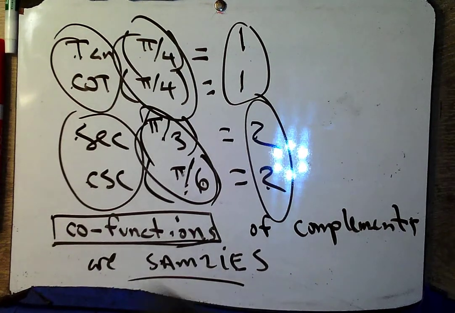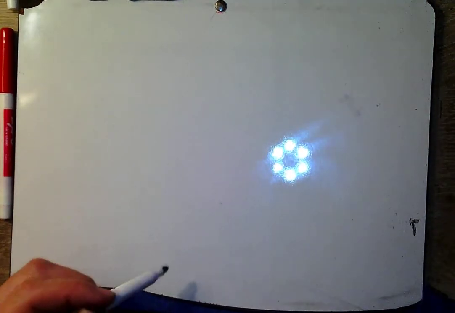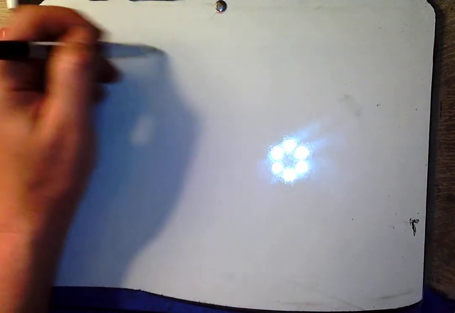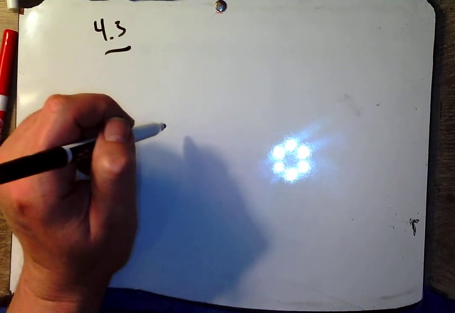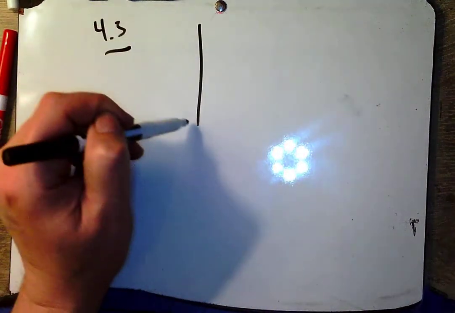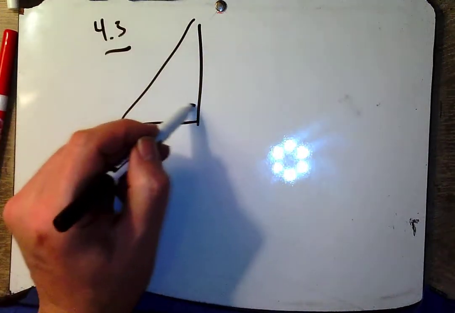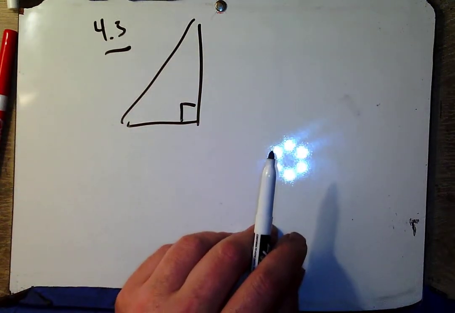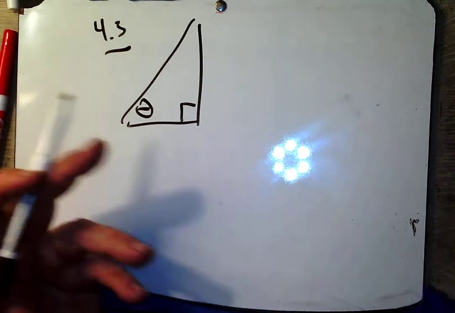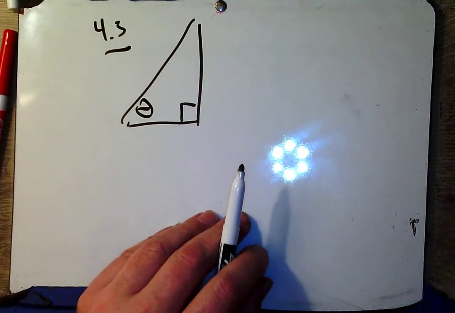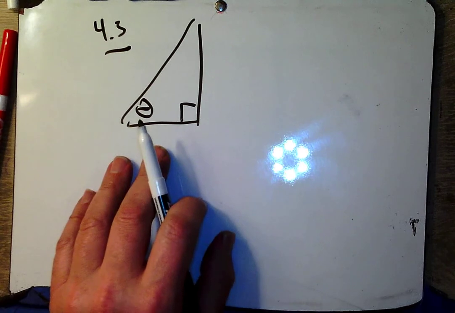Okay, next. How about, oh, this is nice. So this is section 4.3 in our textbook, if you're looking for more information. And its primary goal is to talk to us about things that are not on the unit circle, but in fact have to do with triangles.